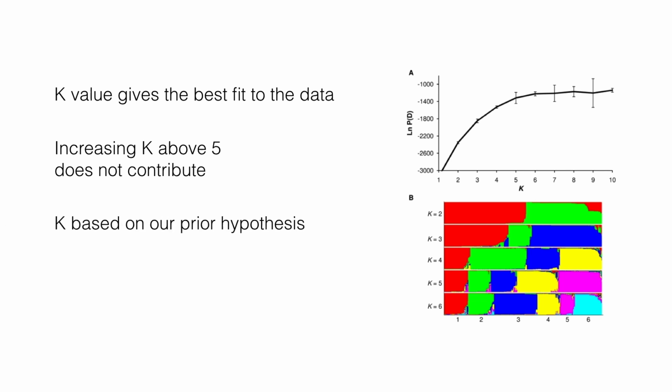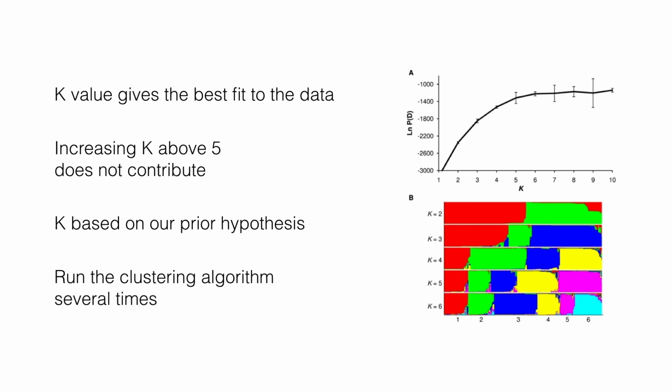But also, you can use K value based on prior hypotheses. For example, if we are analyzing a population affected by admixture from one or more other populations. For example, if the Puerto Rican population has been made by admixture from 3 different sources, African, European, and Native American, then there should be 3 native clusters in the Puerto Rican population.